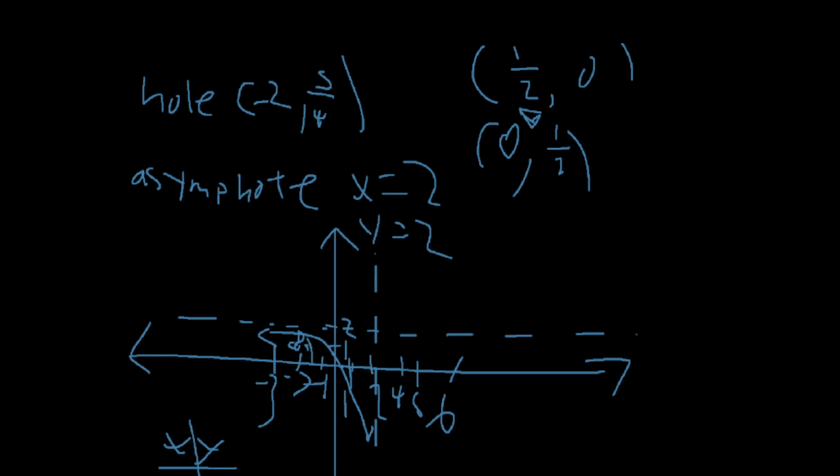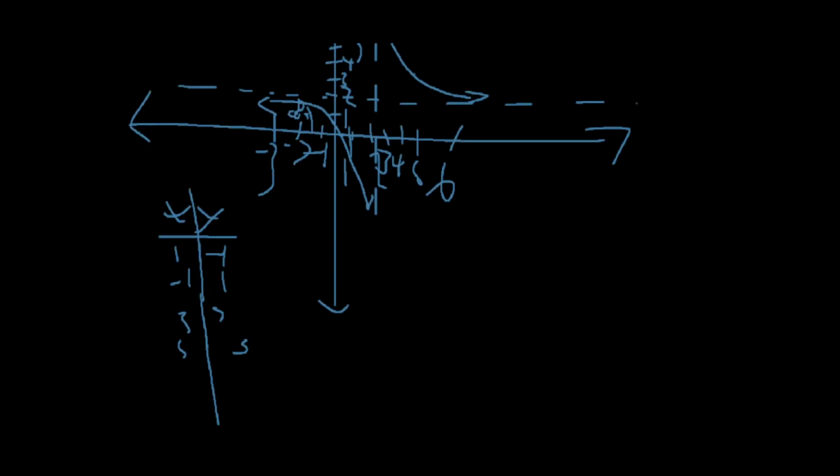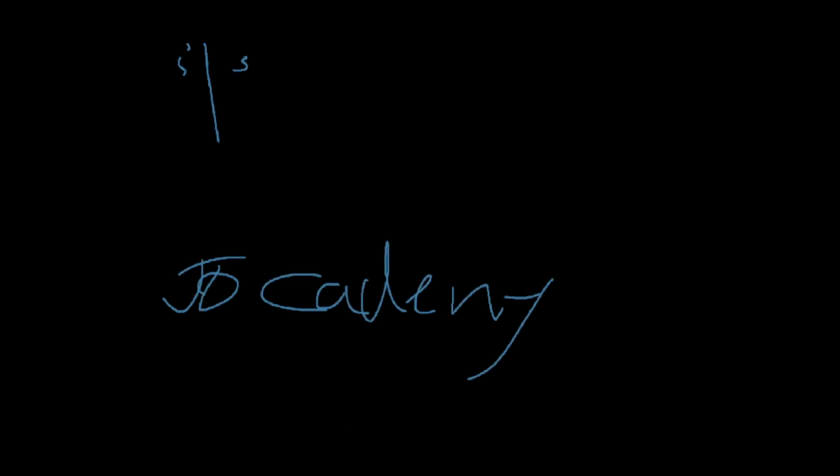And on the other side, 5, 3, 3, 5. So this is 3, 4, 5. So 3, 5, 5, 3. So it's probably like this and this. And there you go. 42 minutes on the clock. JoCademy going over time. That's crazy.